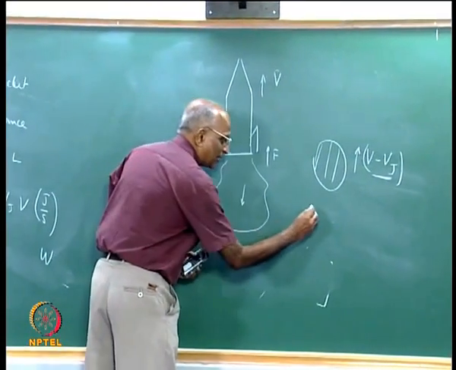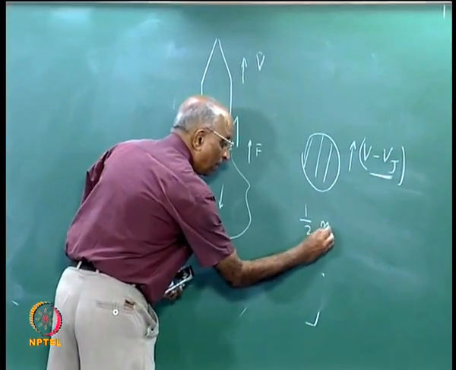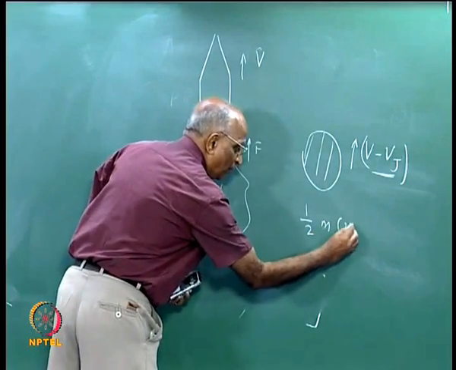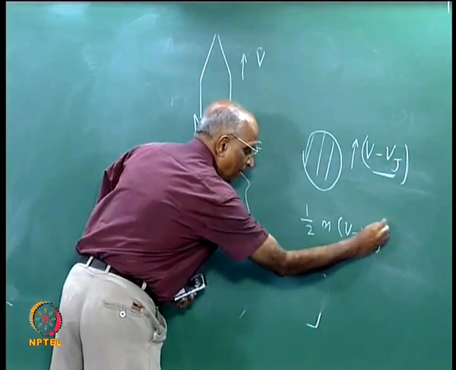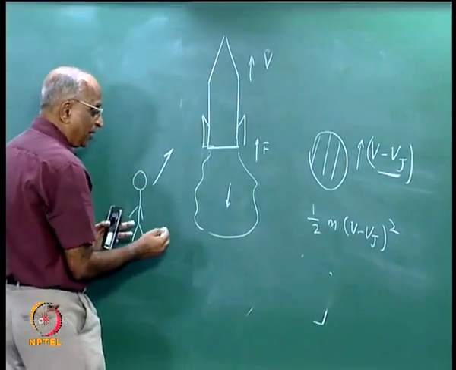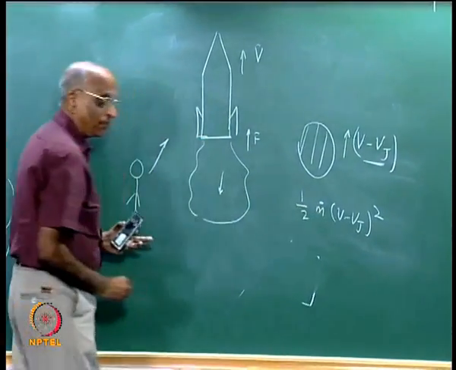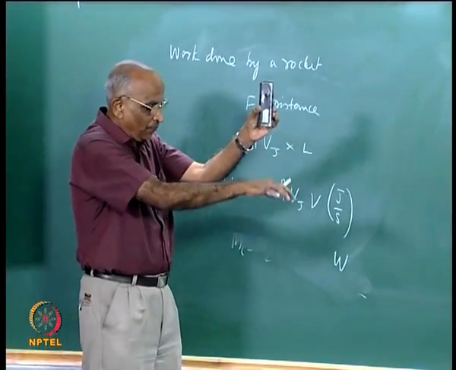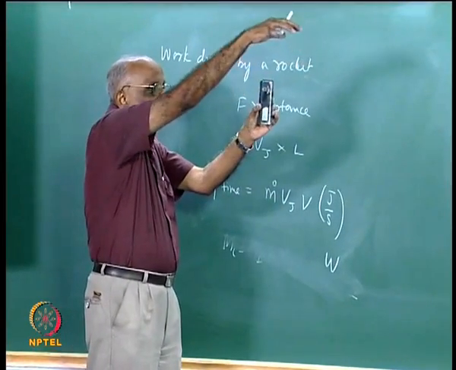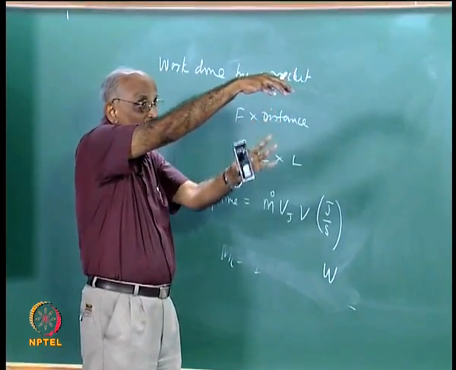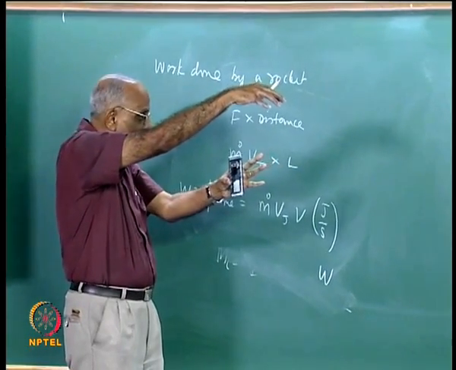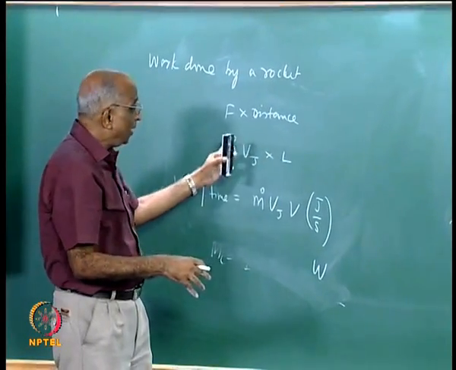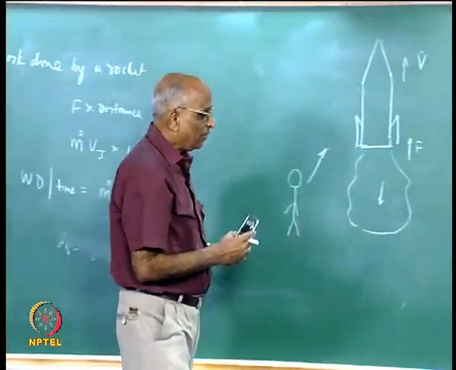That kinetic energy is getting wasted, half mass of this into v minus Vj square, or the rate at which I am seeing is half m dot into v minus Vj square, that is a waste. That means the rocket is going up, this fellow is still following it up like this, and therefore this is a waste, it could have done much more job had it not got wasted, and therefore how will I put my propulsive efficiency together?